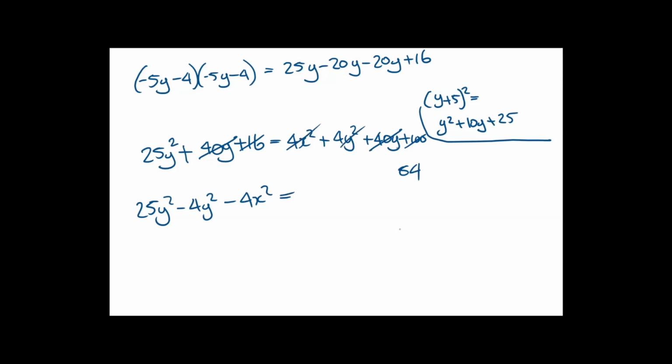That's gone back. It's there. Equals 84. We're nearly there. So 21y squared minus 4x squared equals 84, which is the hyperbola that we were looking for. Oh, thank goodness for that.